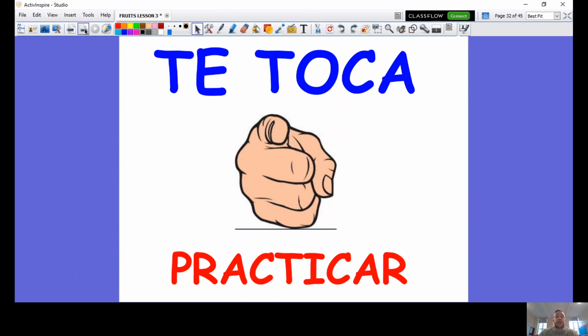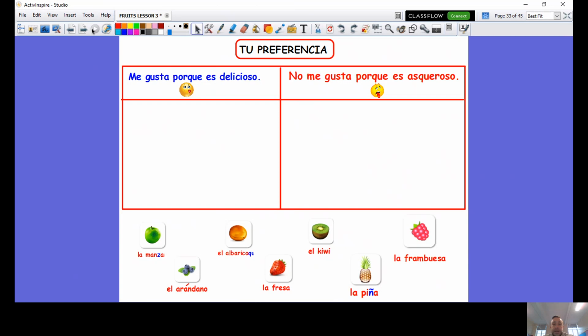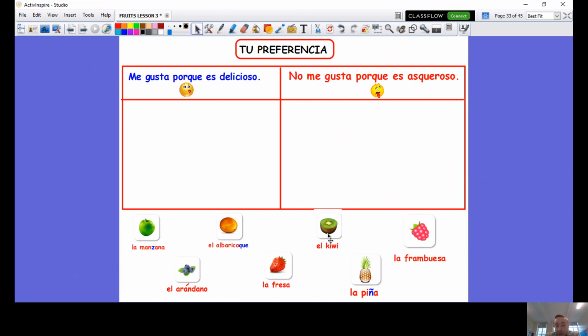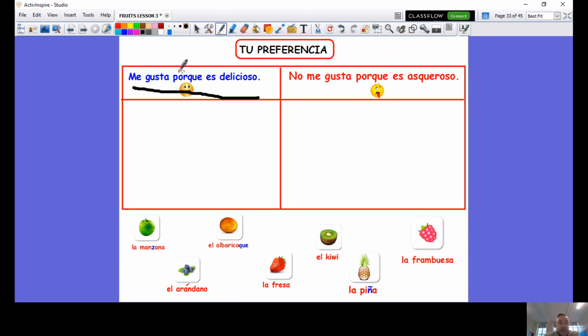Practicar. Time to practice. So, today you have a different type of task sheet. This is what I'd like you to do. Down here, we've got a few of our fruits, la manzana, el arándano, el albaricoque, la fresa, el kiwi, la piña, and la frambuesa. And here we have our sentences.